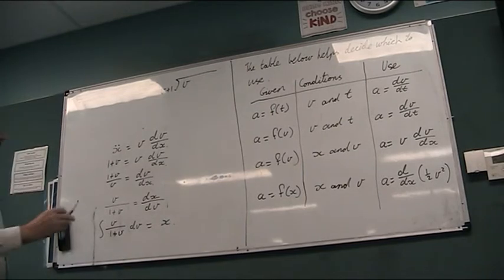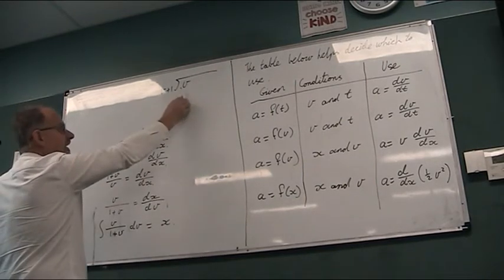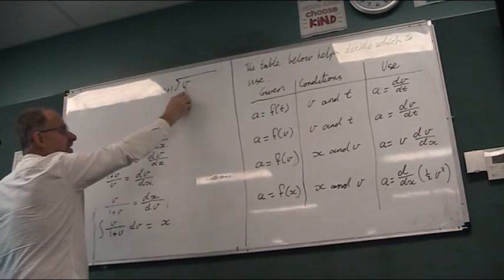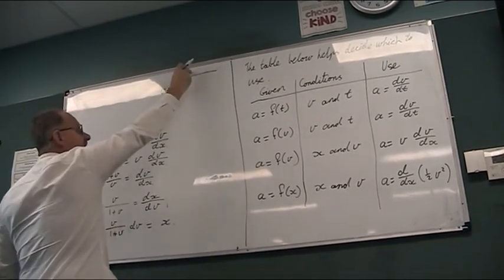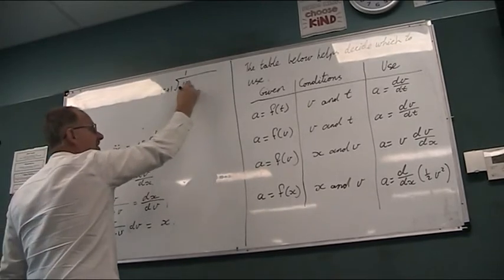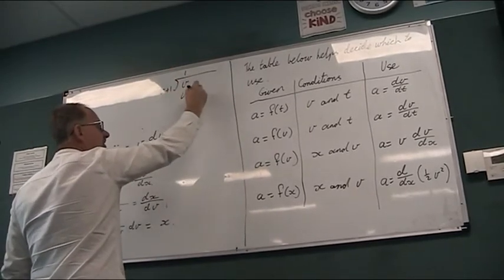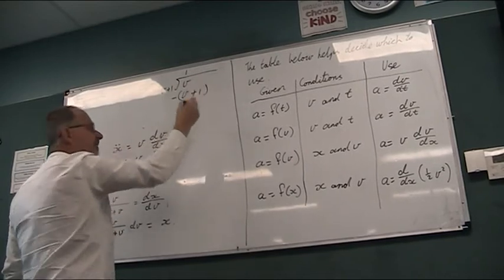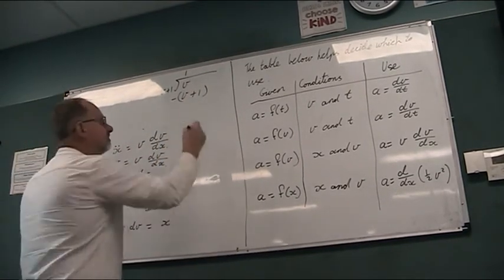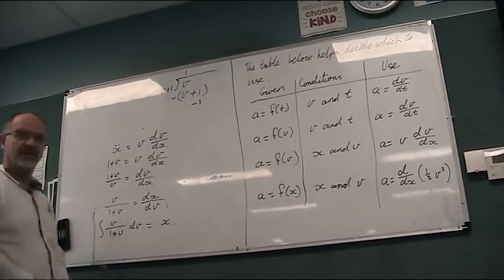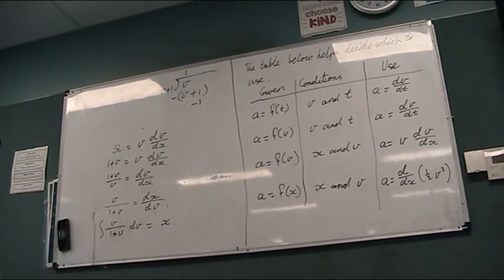Or 1 plus v, whatever. So, to get v here, we need to times by 1. So then 1 times v is v, 1 times 1 is 1, and then we take that stuff away, and we get minus 1. Yes?